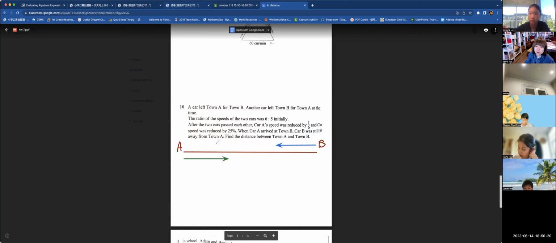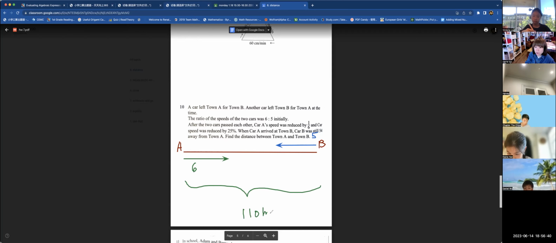So let me ask you, if the speed is 6 to 5, what is the distance, when the time is the same? Also 6 to 5, right? If I write a distance of 110 meters, when they meet, A should have gone 60 meters and B 50 meters. Don't you agree with me, everybody? Because their ratio is 6 to 5.